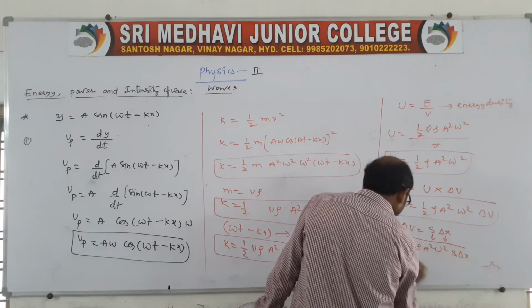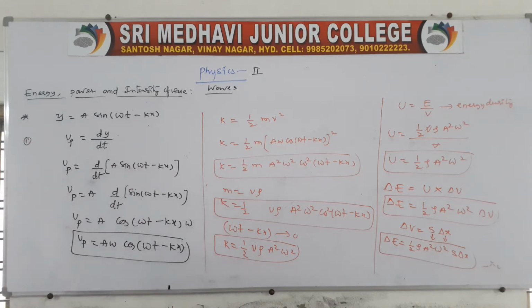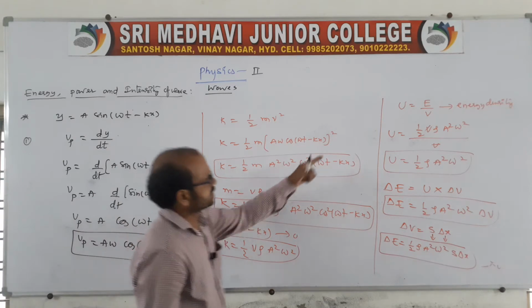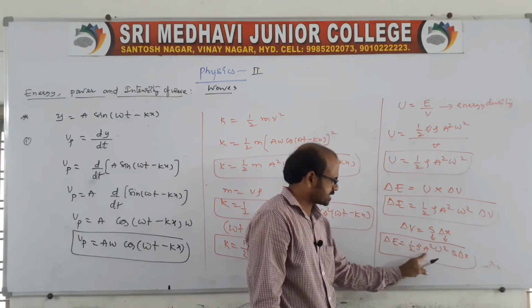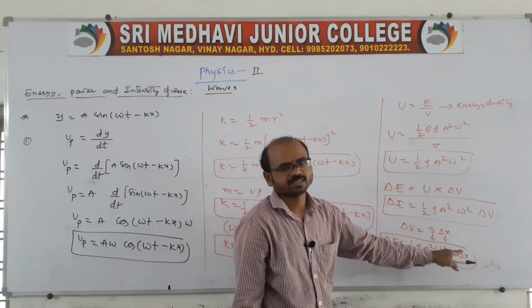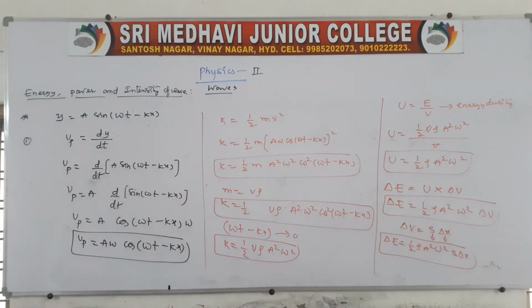This is the energy. So it is the particle velocity, kinetic energy, energy density, and the energy will be 1 by 2 rho a square omega square S into delta x. So this is the derivation related to energy.